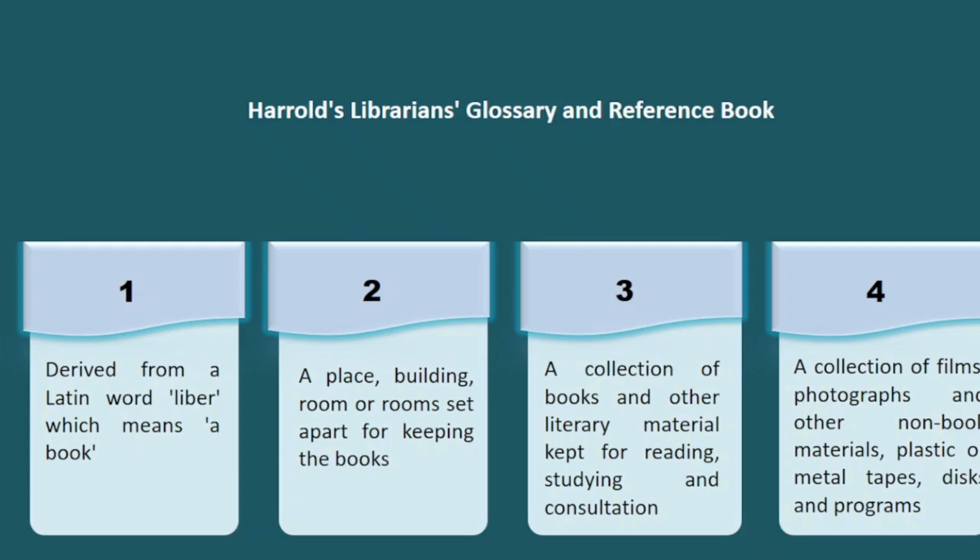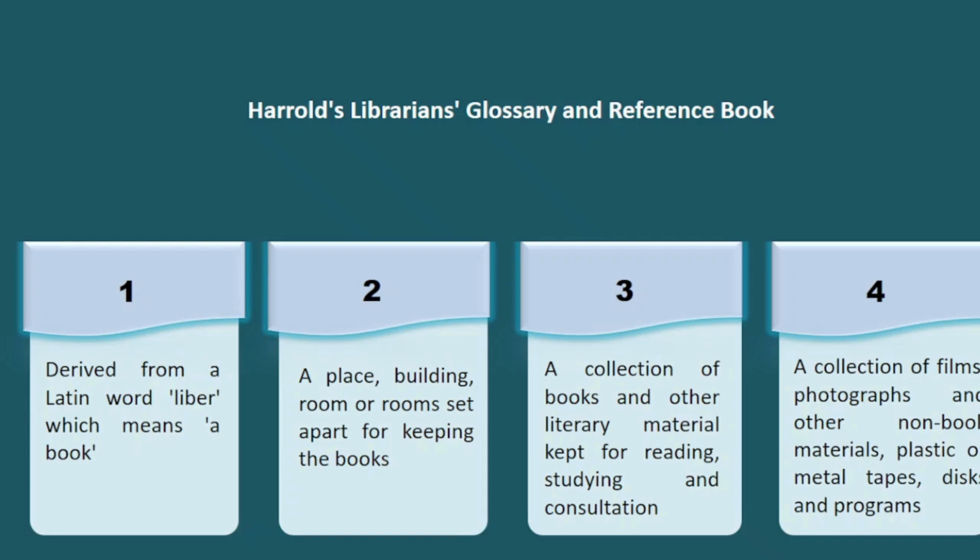And finally, a collection of films, photographs and other non-book materials, plastic or metal tapes, discs and programs. So it is important that according to Harrod's Librarians' Glossary and Reference Book, CDs, floppies and a collection of programs may also be part of a library.